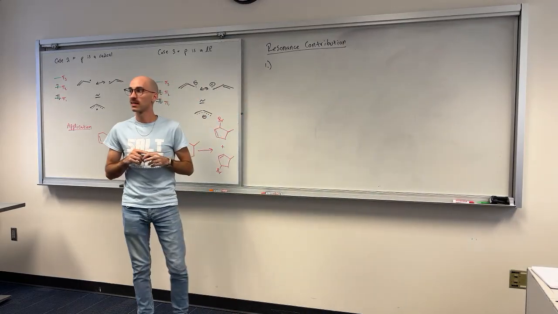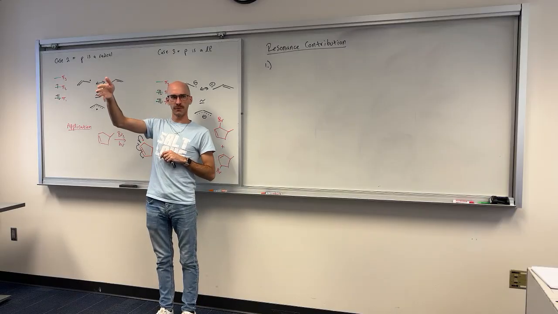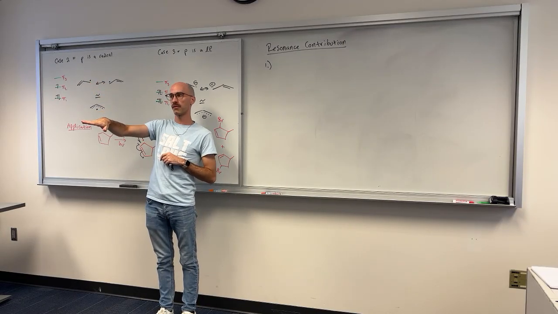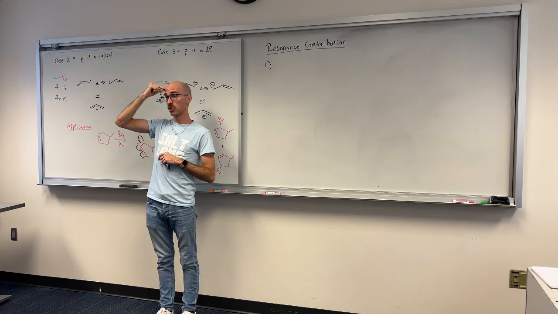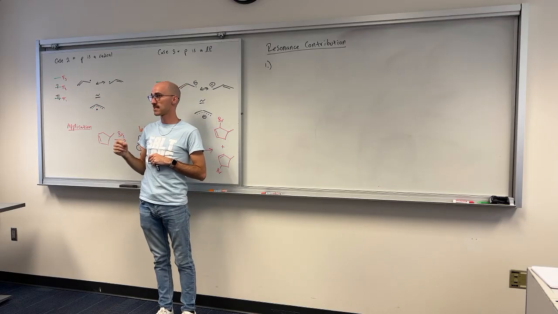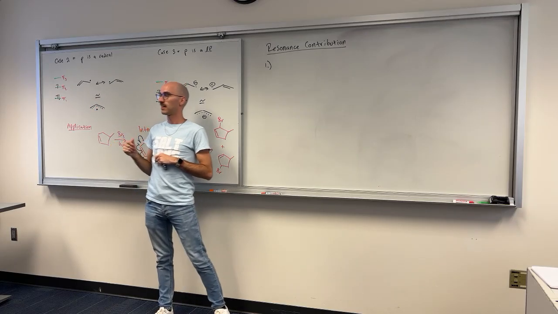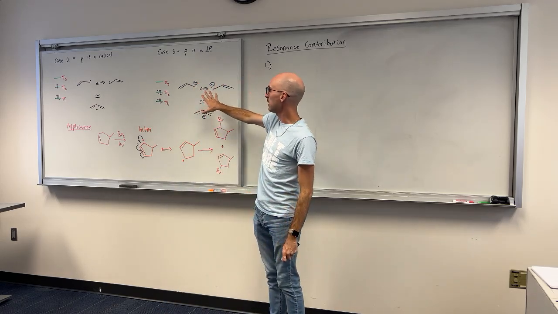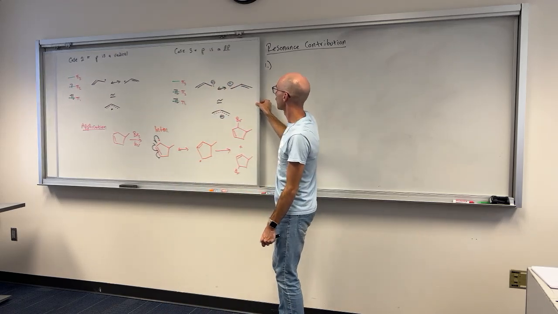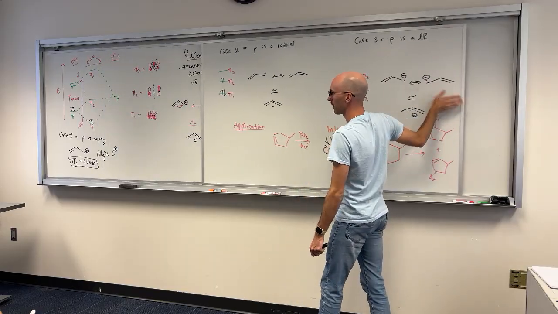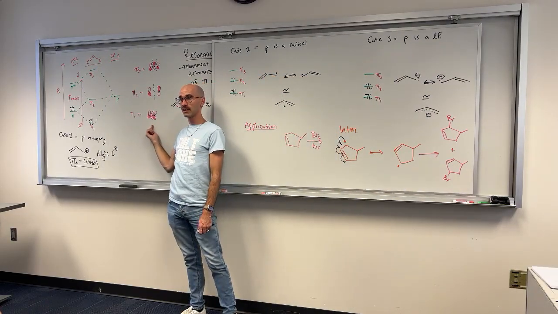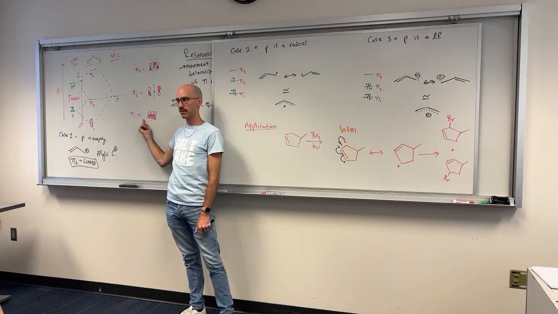Conjugation. Conjugation's a good word. Anybody got a definition for conjugation? It's not a contributing factor, but it's something we should touch on. Is that when there's multiple alleles in a system? Not necessarily. The 3 p orbitals, that's why I didn't erase it. The 3 p orbitals in the allylic system are conjugated.